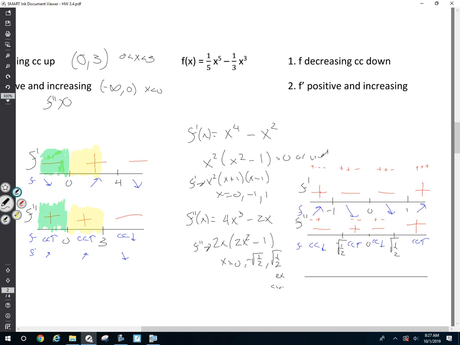Example for curve sketching. We did this in our notes. We put all of the values down.